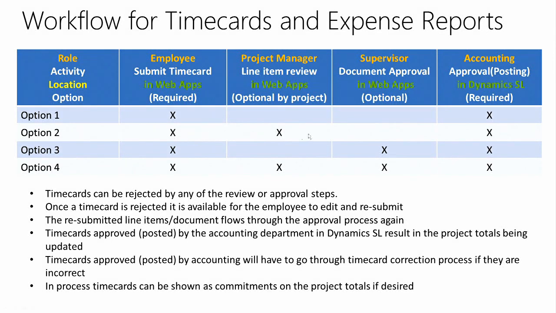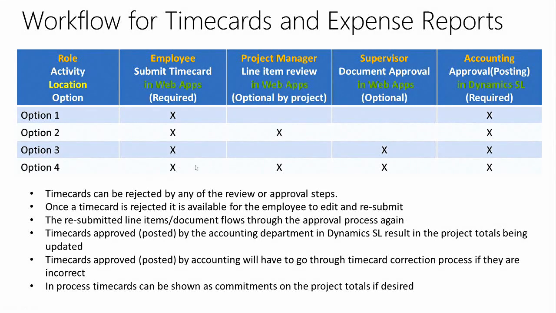There may be a situation, though, where we really don't want the project manager intervention, because sometimes it's difficult to get the project managers to do that process. And so we want to skip their role, and we just want my supervisor to review the entire document. So instead, the employee submits their time card, and the supervisor approves the entire document within web apps, and then again, accounting posts it.